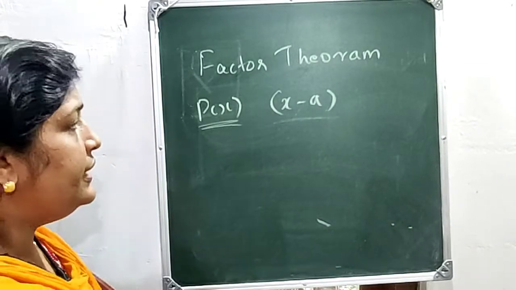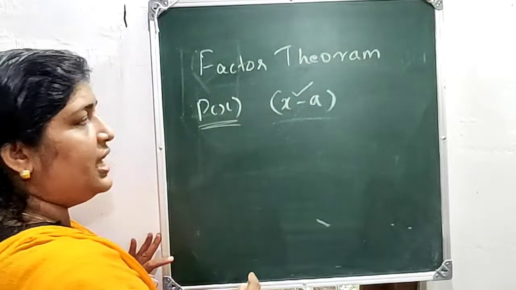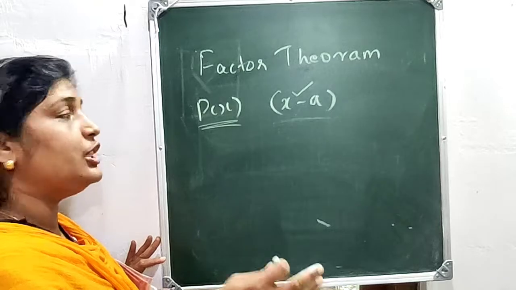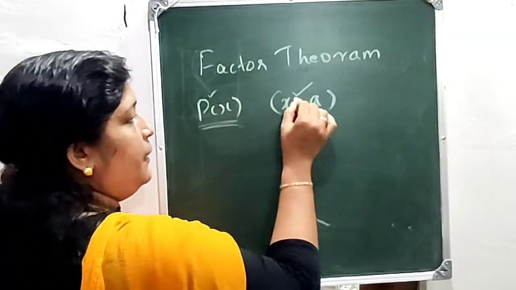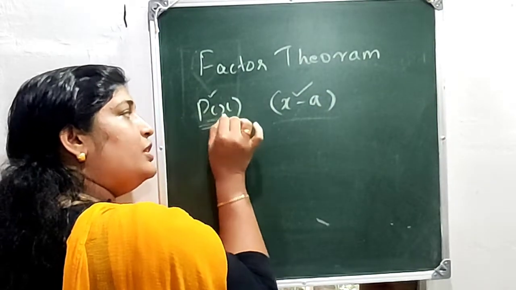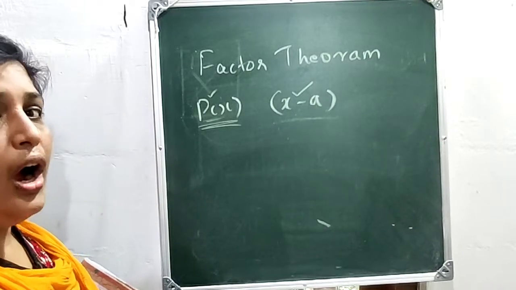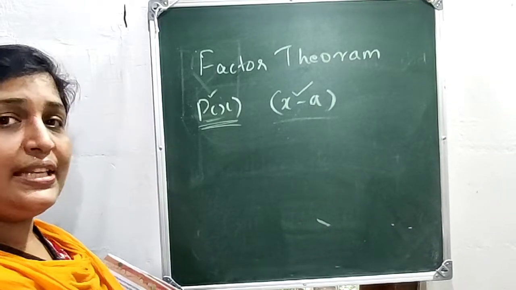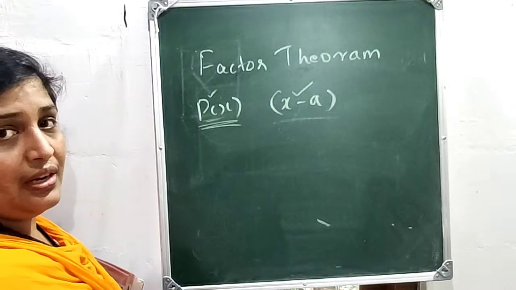If this first degree polynomial x minus a is not a factor of this second degree polynomial P of x, then how do we make it a factor of this second degree polynomial?